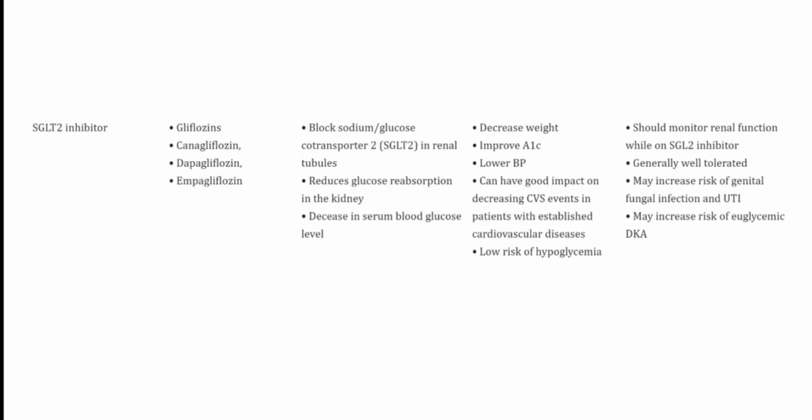Advantages include they decrease weight, improve A1C, lower BP, can have good impact on decreasing CVS events, and low risk of hypoglycemia. Disadvantages include you need to monitor renal function. They're generally well tolerated. They may increase the risk of genital fungal infection and UTIs, and they may increase the risk of euglycemic DKA.